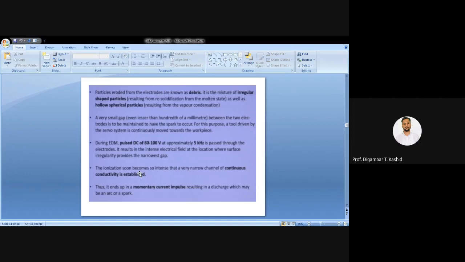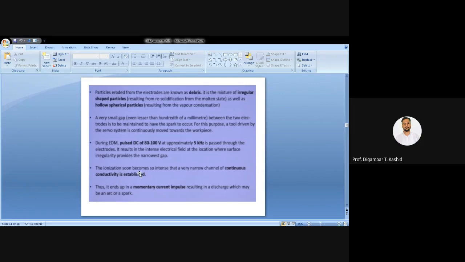The gap is very small, lesser than 1 by 100 of a millimeter. That small gap between your two electrodes is to be maintained, to have the spark occur in between that minimum gap.